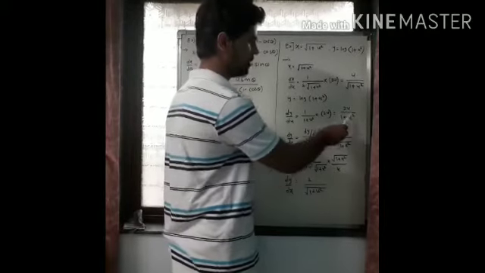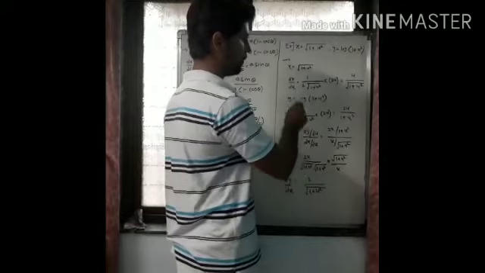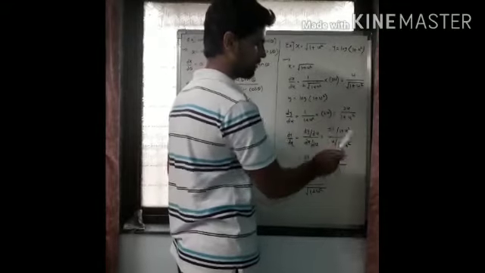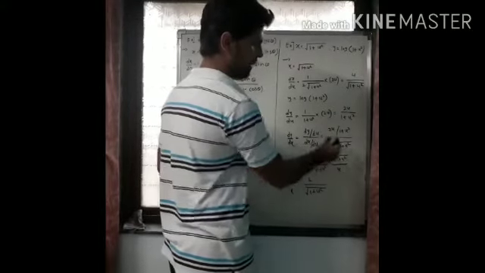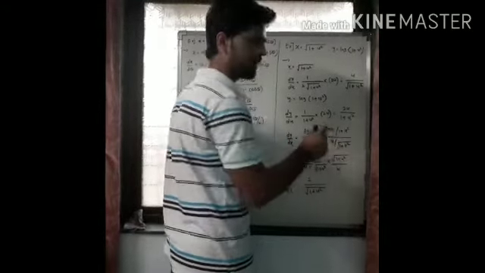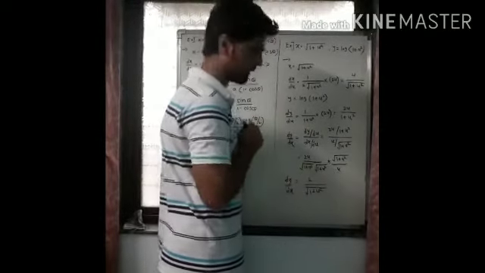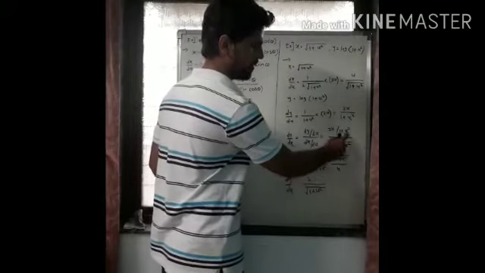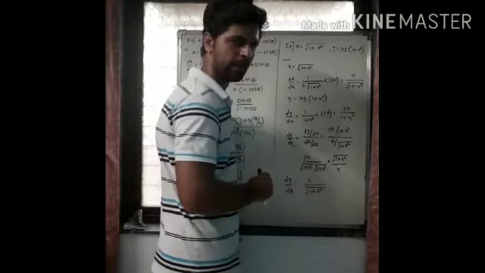Dy by du was 2u upon 1 plus u square and dx by du was u upon root 1 plus x square, right? Now this fraction we will write here. But this term 1 plus u square, can we write it as two square root terms? See this. 1 plus u square, we can write as root 1 plus u square times root 1 plus u square, right?